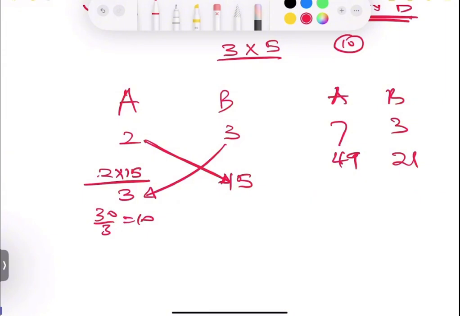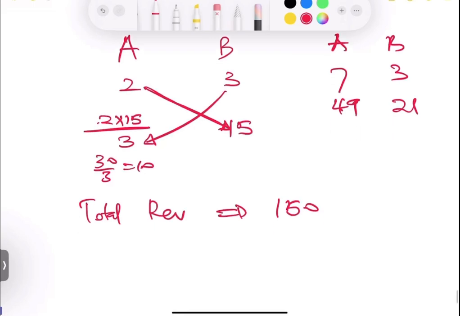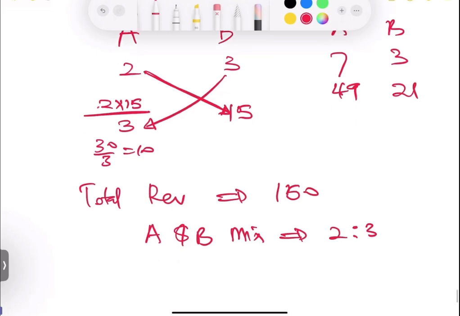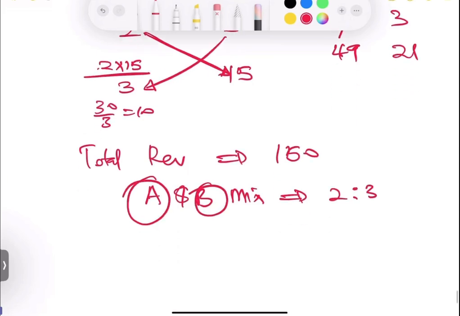Now let's test this again as well. So if my total revenue is, let's say, 150, and I'm selling A and B in a mix of 2:3, what is the revenue for A and what's the revenue for B?